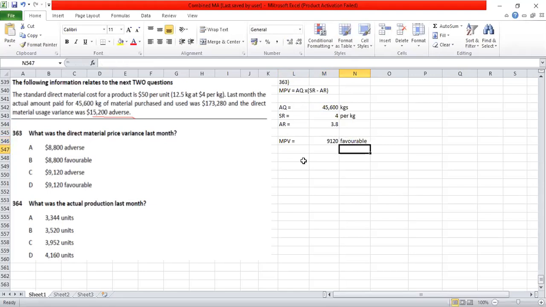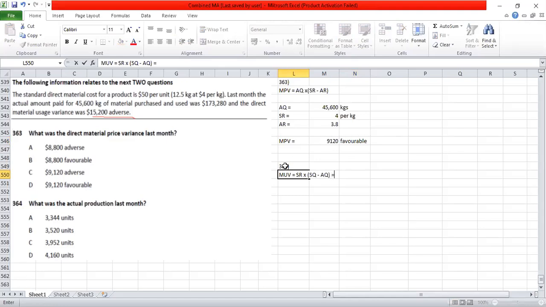Question 364: what was the actual production last month? That is related to the usage variance. Material usage variance is equal to standard rate into standard quantity minus actual quantity. That's the formula.